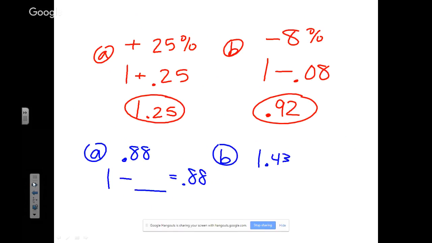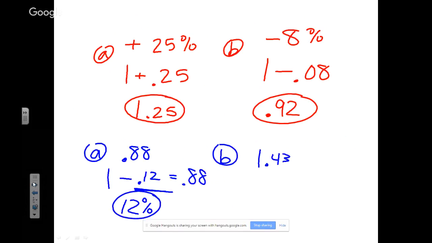What is it? 0.12. Right? Because 22 would get us 110. So we could check that. We could do 1 minus whatever we think, but it should be 0.12. So what is the answer to this? 12%. That thing right there is our answer, but we have to change it to a percentage.